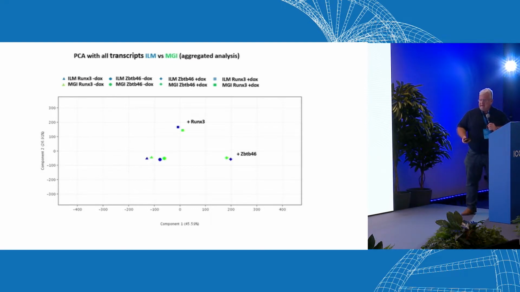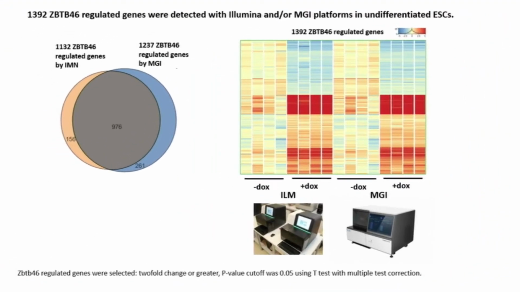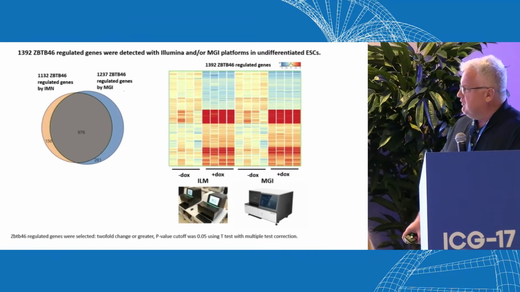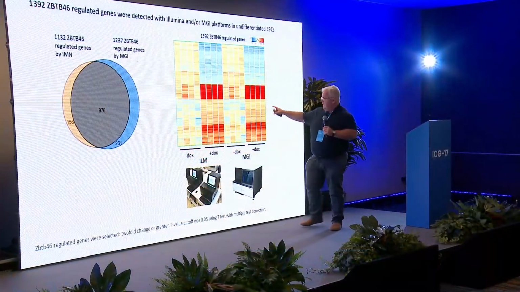So next, we tried to identify and analyze those genes which were positively or negatively regulated by ZBTB46 or Runx3. So here you can see the ZBTB46 results. First we separately analyzed those genes which were positively or negatively regulated by ZBTB46 with the Illumina technology or the MGI technology.